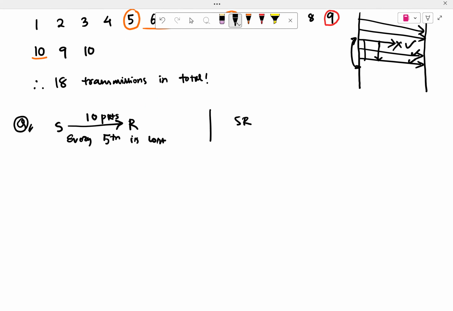We're using selective repeat, and we're setting the window size to be 3. Can you calculate how many retransmissions are needed here?